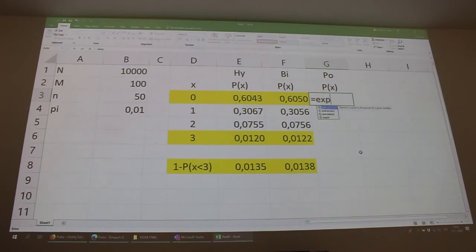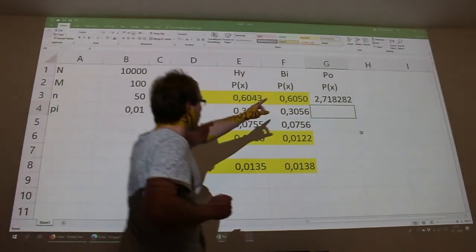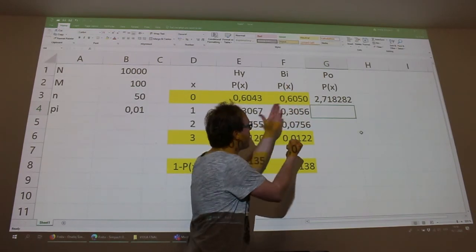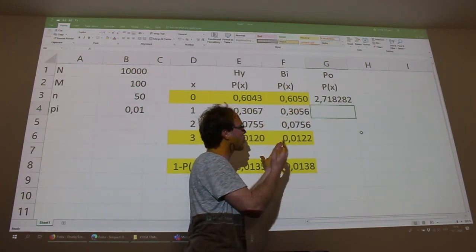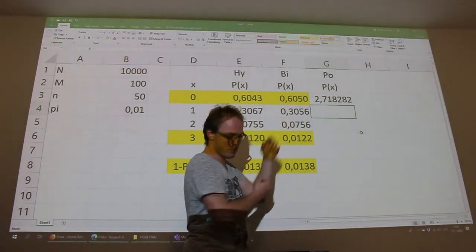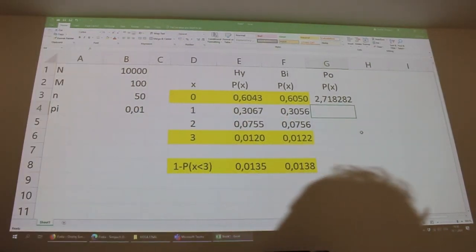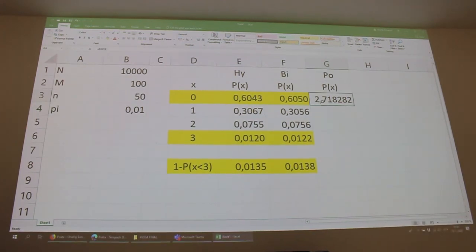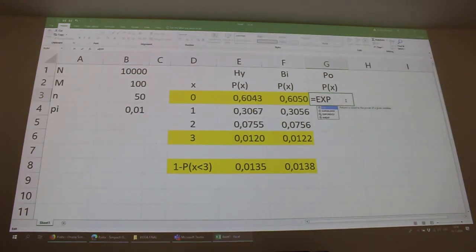EXP returns e raised to the power of a given number. The Euler constant is 2.718, etc. This is the base of the natural logarithm. So this exponent e is powered by minus lambda.